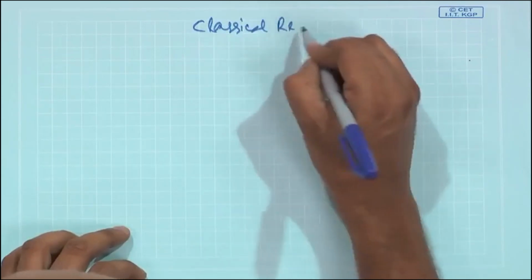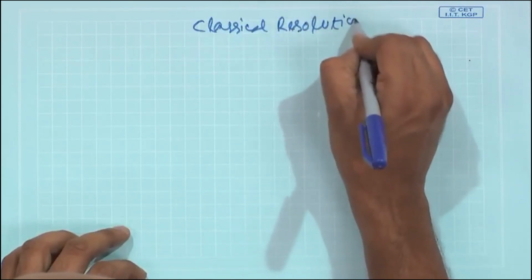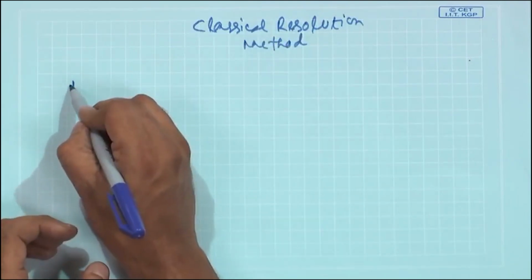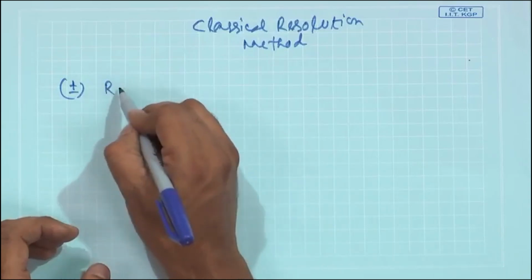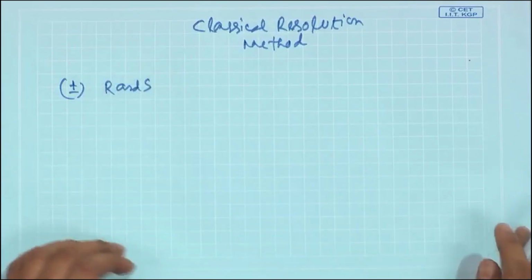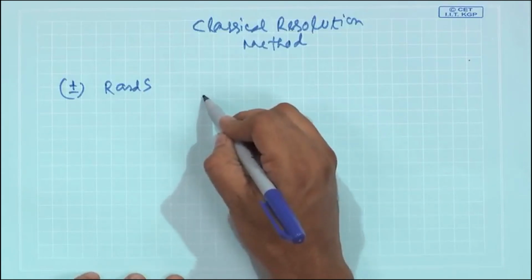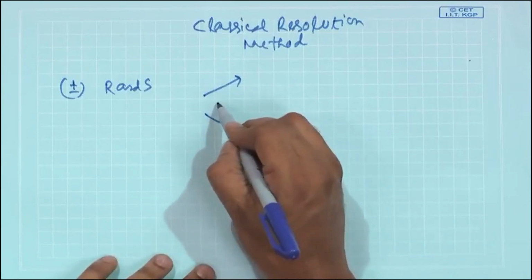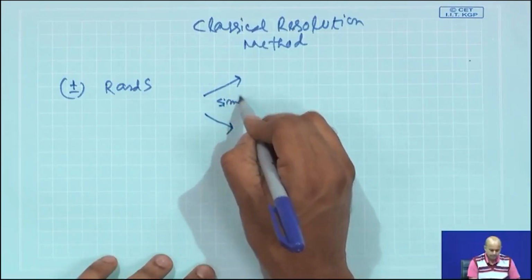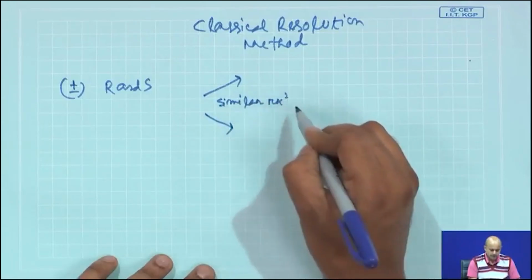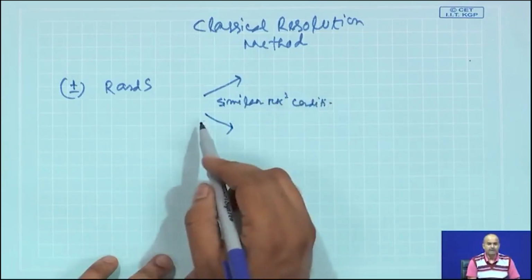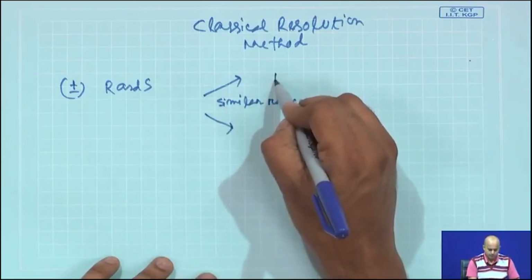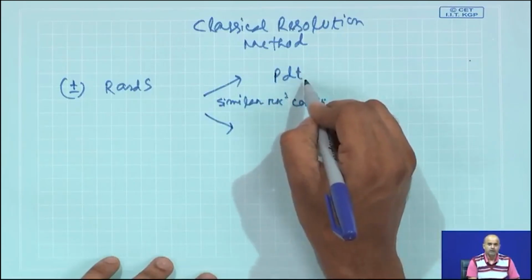In classical resolution, as the name implies, you have a racemic mixture of R and S together, and you allow them to react under similar reaction conditions. You find that one of the two enantiomers will react to give you a product.